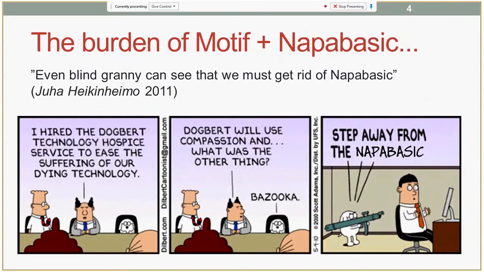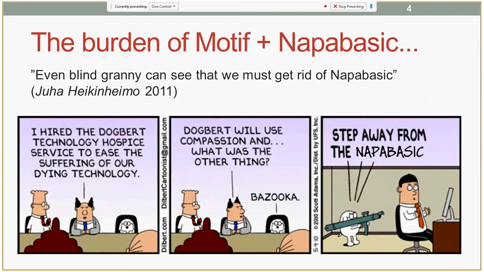So why do all of this? We have a great legacy burden of Motif and NapaBasic, and Juha Heikinheimo put this in a colorful way a few years ago: even a blind granny can see that we must get rid of NapaBasic.